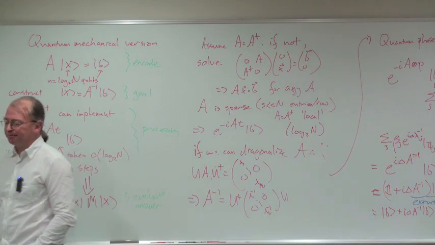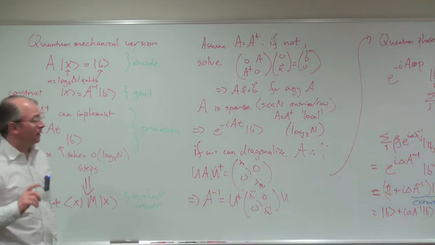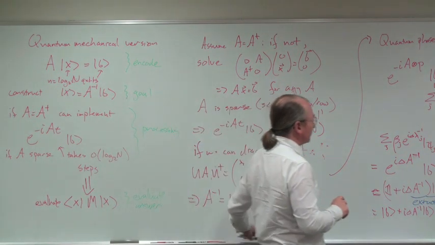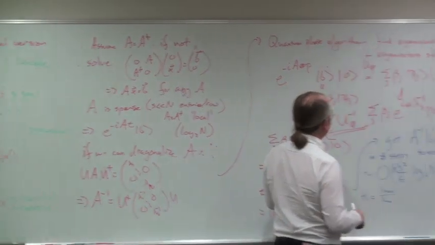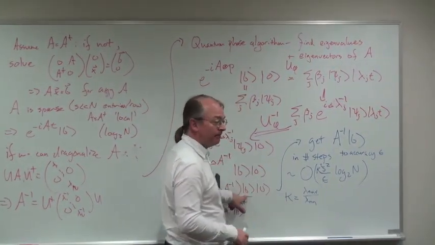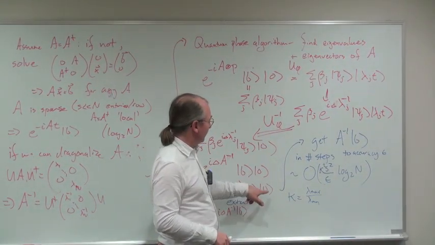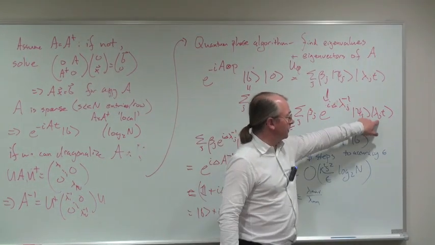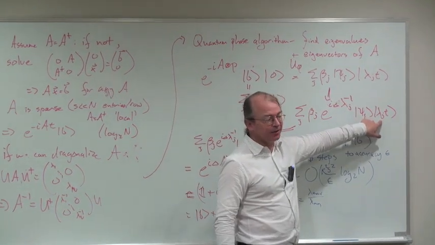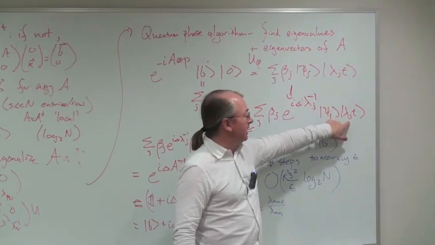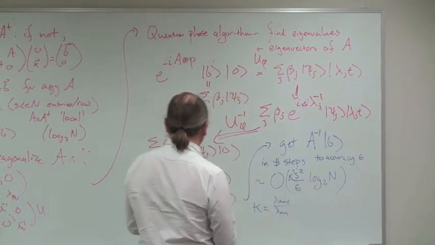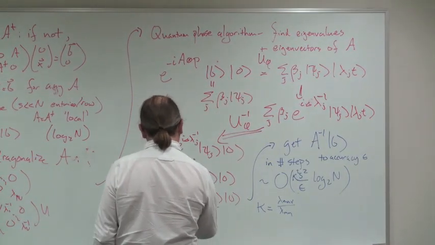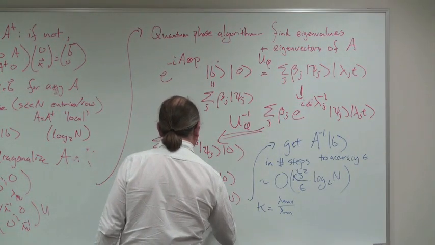So we came up, you actually need, so you have this B register. Right. You have the register which stores the eigenstates to some degree of accuracy. And then it turns out that you actually need another register here to tell you when you've got the answer.